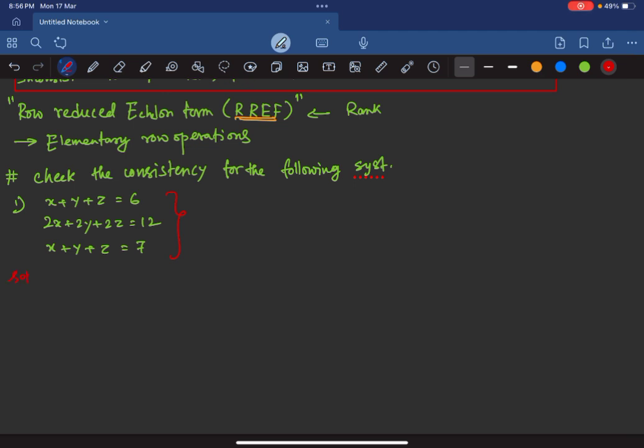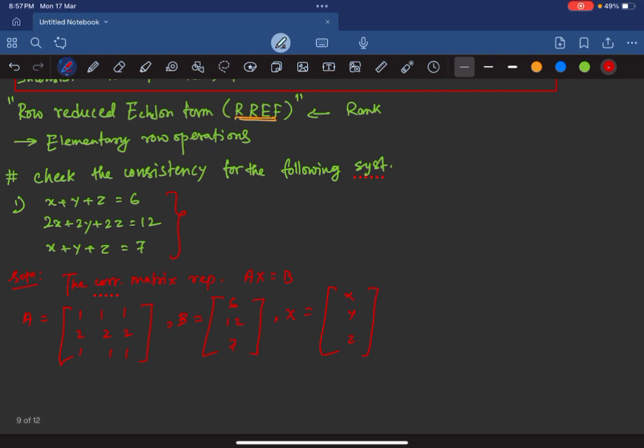Check the consistency means here first the corresponding matrix representation, first you need to write Ax equals b, where A is equal to this, write down all the coefficients: 1 1 1, 2 2 2, 1 1 1, and b is 6 12 7, and x is x y z.